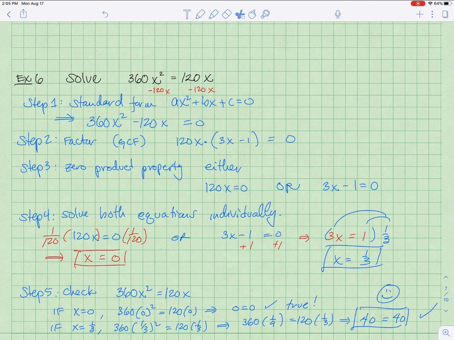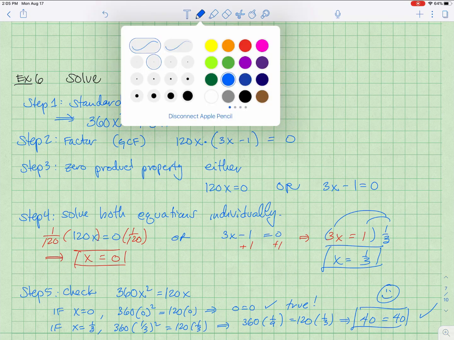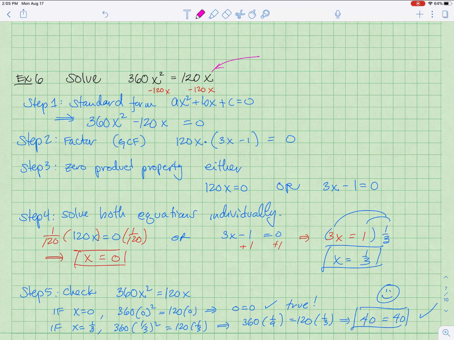Now, like I said, we want to go back up and talk about what you shouldn't do. So let's put this in a different color here. Note: dividing by 120 on both sides gives 3x squared is equal to x.